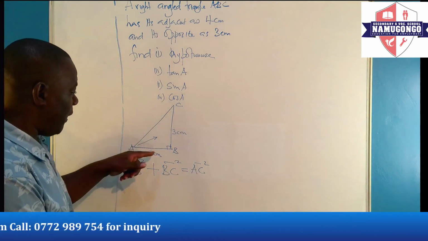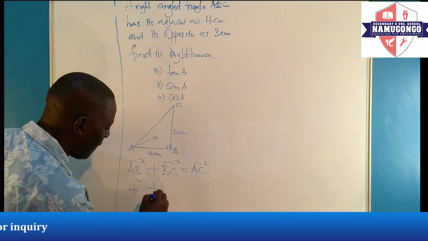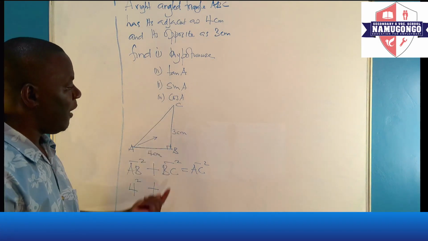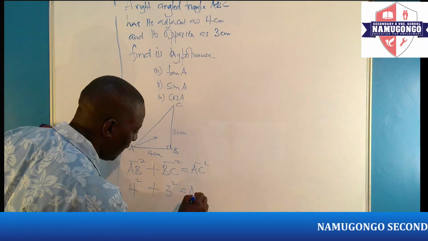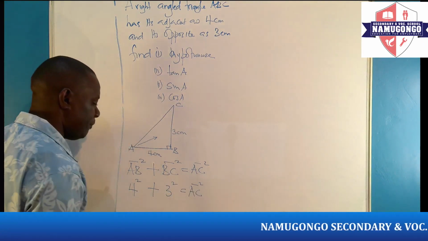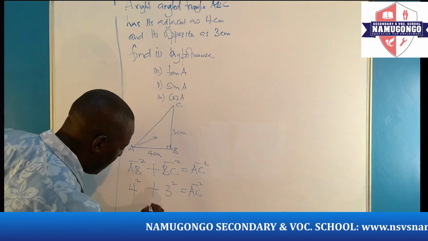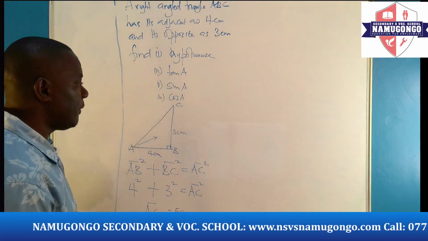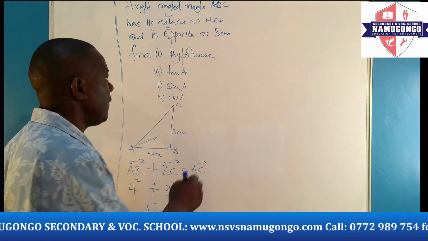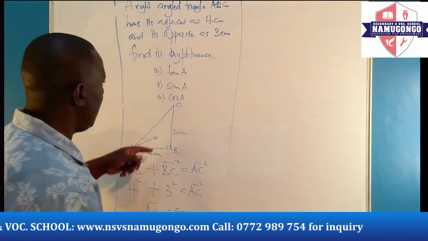What is our adjacent? It is 4. So 4 squared plus the opposite, 3 squared, is equal to AC squared. Now when you work out this, we shall get our AC as 5 centimeters. That is the hypotenuse.